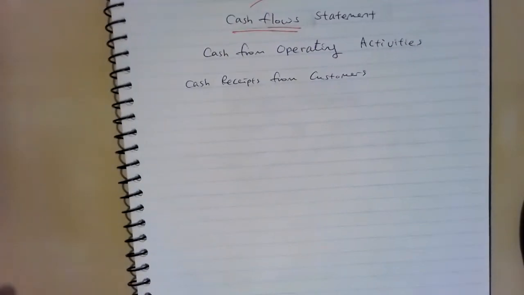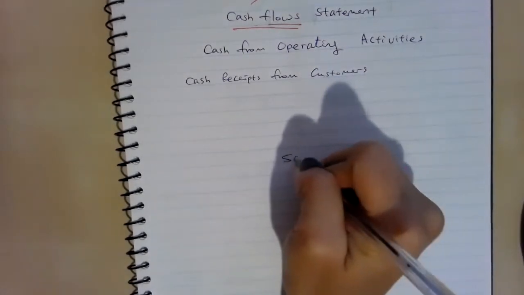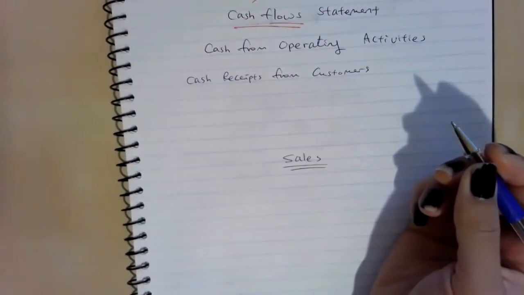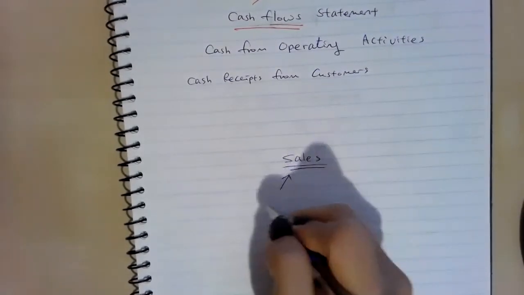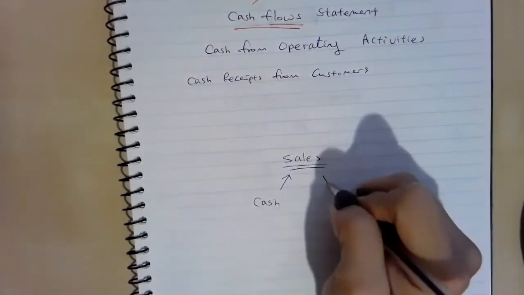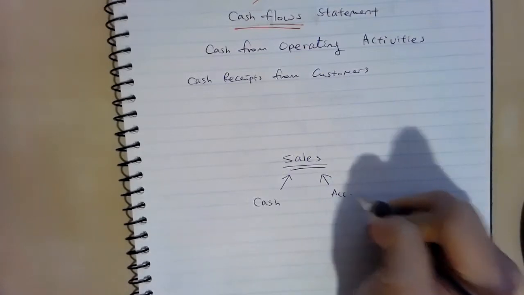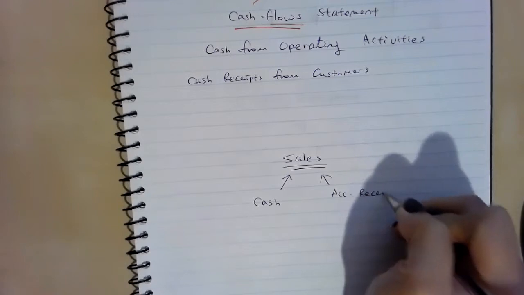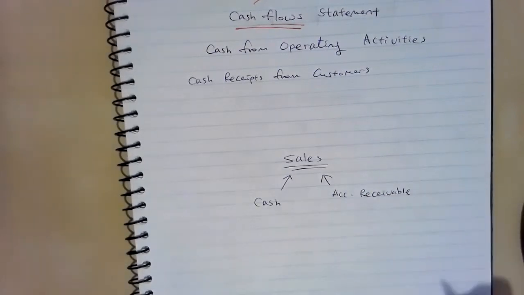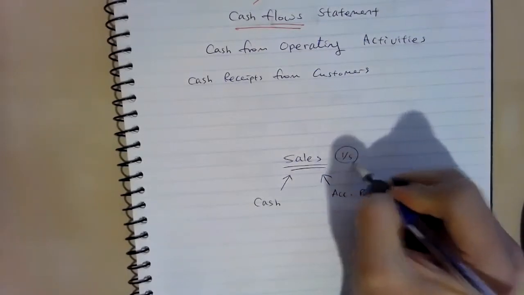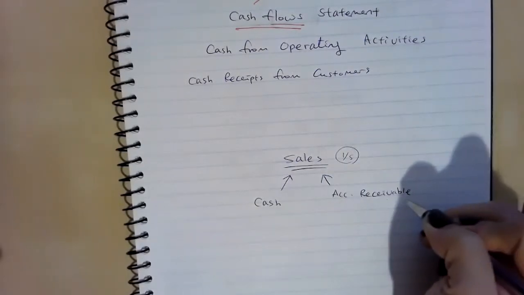What that means to us is that when we look at sales, that will be from the income statement, and that can be made from cash sales or credit sales. If it was credit sales, then we will have accounts receivable. We can get that from the balance sheet.